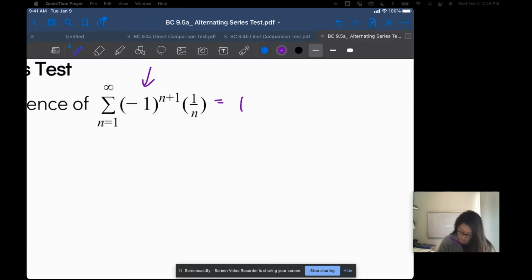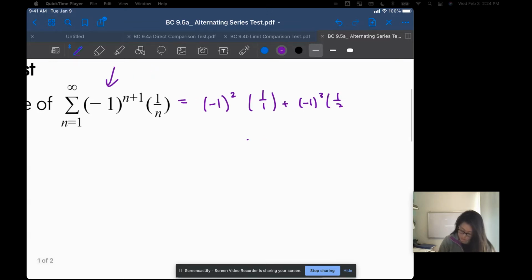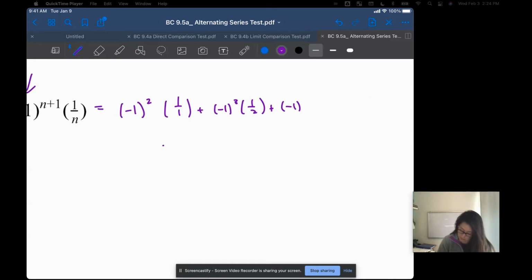I have -1 to the 1 plus 1, times 1 over 1, and I am just going to simplify this because why not? Okay, and then I have -1 to the 2 plus 1, which is 3, times 1 over 2, plus -1 to the 3 plus 1, which is 4, times 1 over 3.